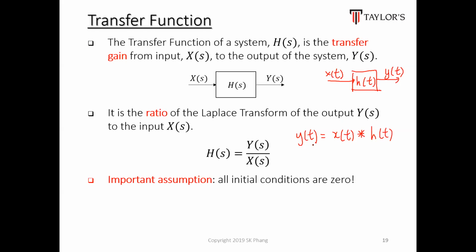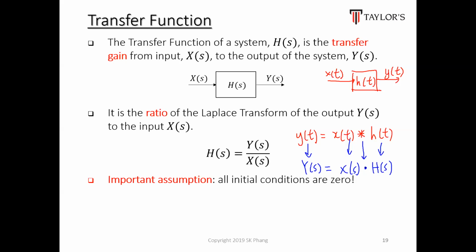Then we are saying that if we are able to take the Laplace transform of each of them, this one becomes Y(s), this one becomes X(s), and this one becomes H(s). If I am able to take the Laplace transform of each of them, these convolutions will become multiplication. Right? So that is how we can solve the output of a system easily.